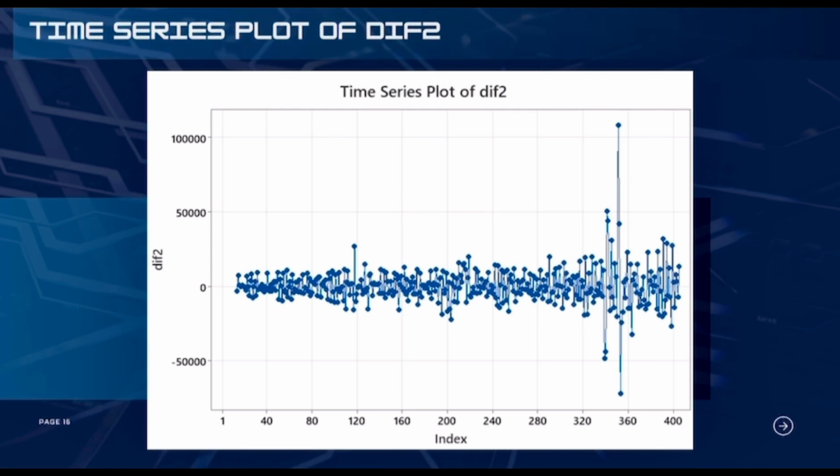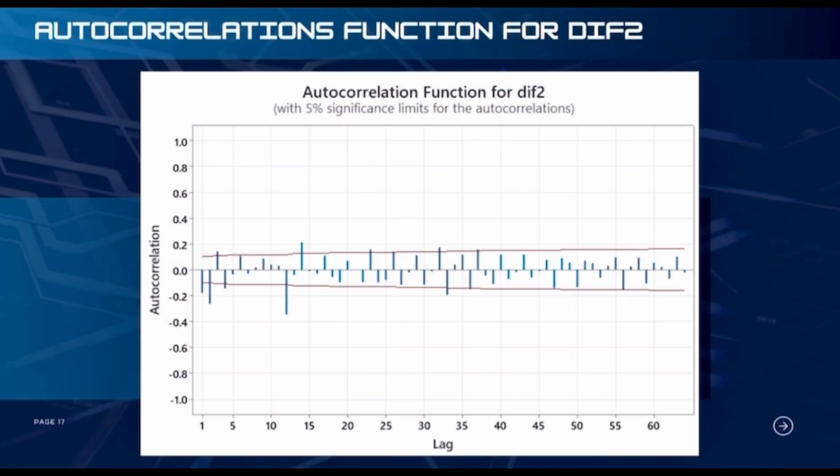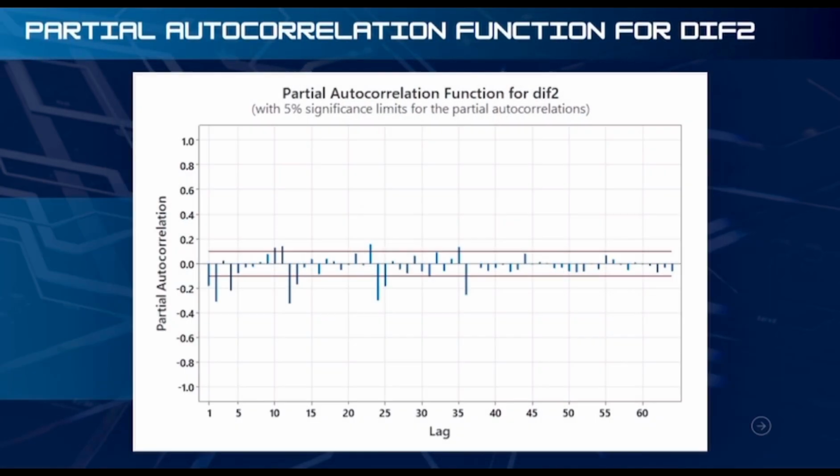And here is the ACF of the differenced data. We can see a strong negative spike at lag 1 and another spike at lag 12. The spike cuts off quickly, so this suggests an MA structure in this model. And this is the PACF of the differenced data.